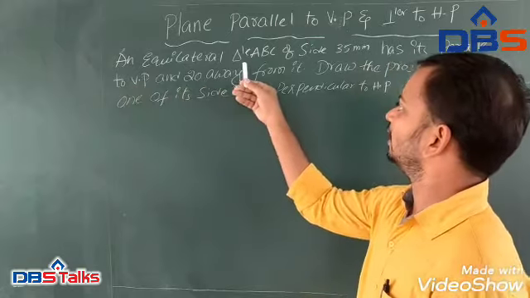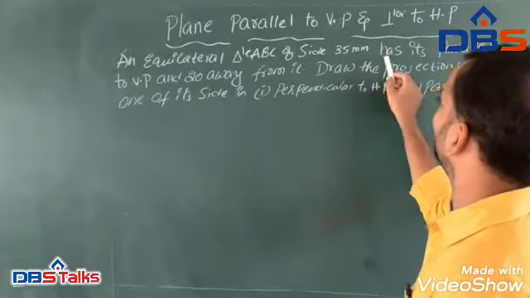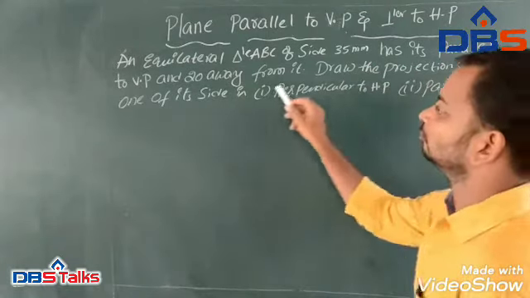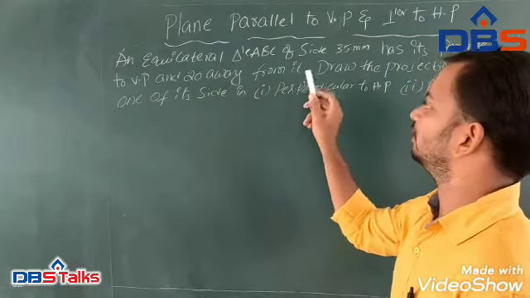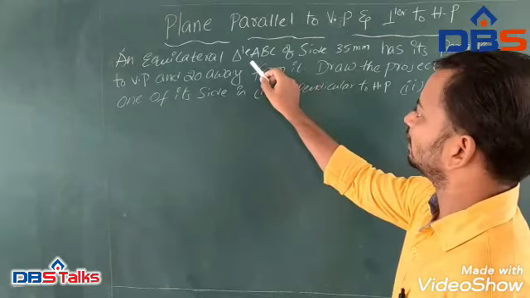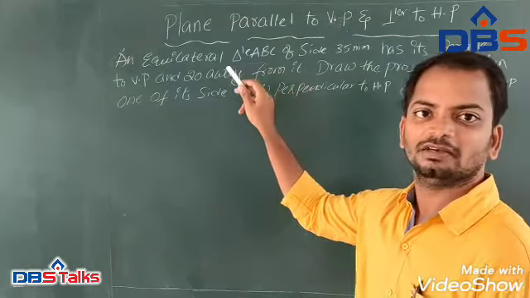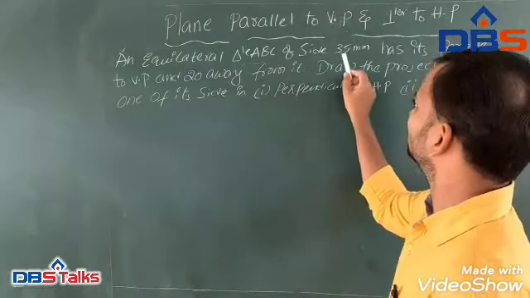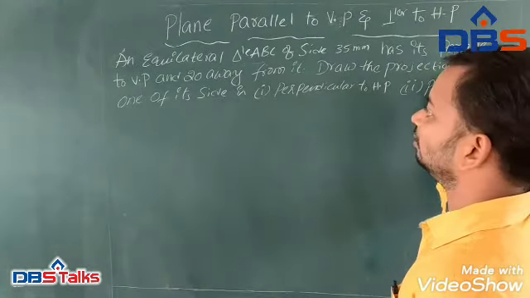An equilateral triangle ABC of side 35 mm has its side parallel to VP and 20 mm away from it. That means here we are considering an equilateral triangle, which has all three sides of 35 mm, and it is parallel to VP.